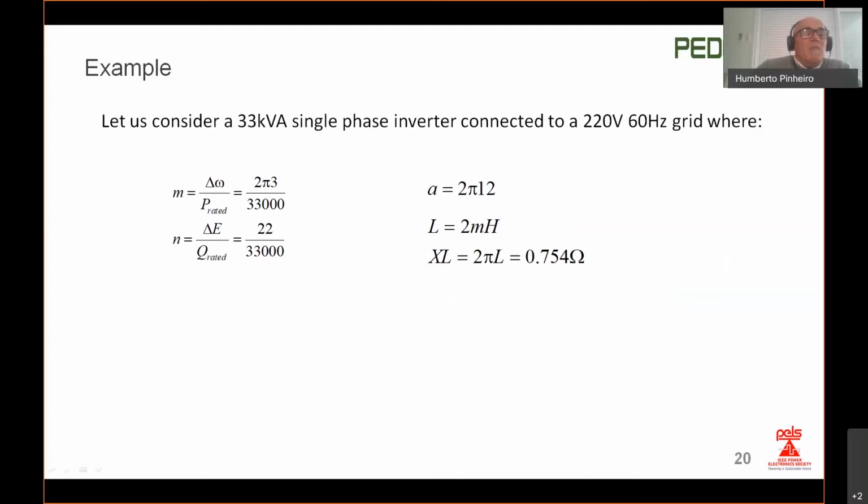Let's suppose that we have the droop coefficients as 5% for the frequency, 10% for the voltage. We set this low pass filter at 12 Hertz, and selected the virtual inductance as 2 millihenries. It's a little bit large here. You see that 0.75 pu. No, ohms. I don't know how many pu. 0.5 pu, okay, around 0.5 pu.